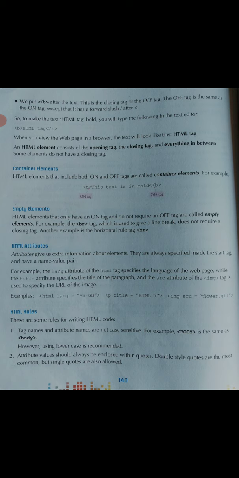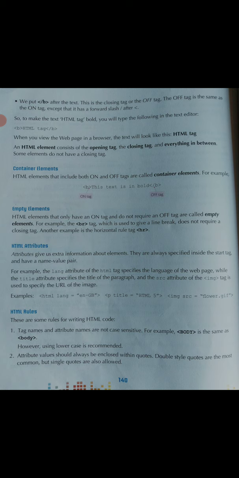The lang attribute of the HTML tag specifies the language of the web page, while the title attribute specifies the title of a paragraph. And the src attribute of the image tag is used to specify the URL of the image.